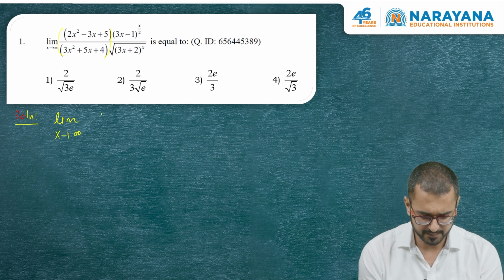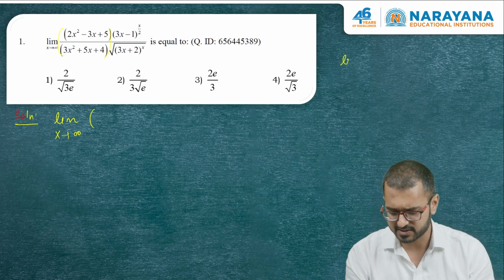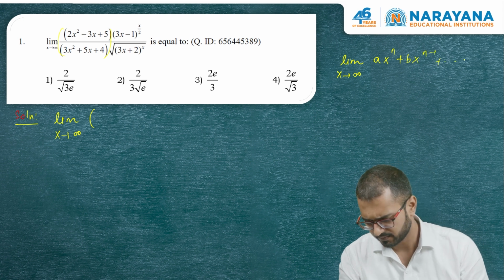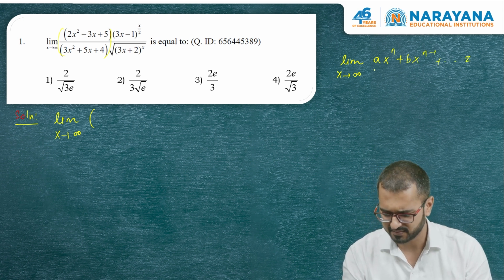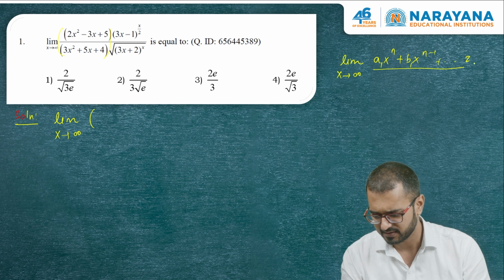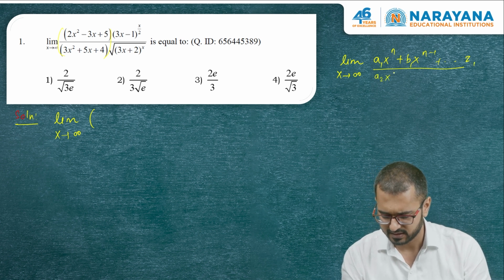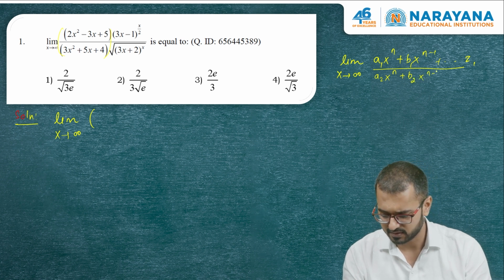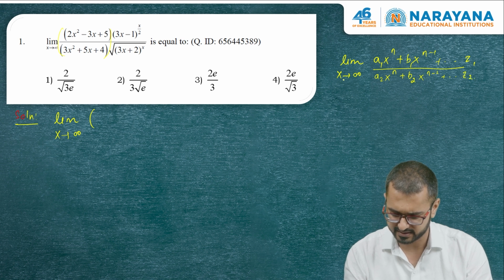x tends to infinity. You can divide by 2, or else we directly know from this result: limit x tends to infinity, if I have a1·xⁿ + b·xⁿ⁻¹ and so on up to a constant, and similarly here a2·xⁿ, which are both polynomials of the same degree, then we don't have to worry about the limit as x approaches infinity.